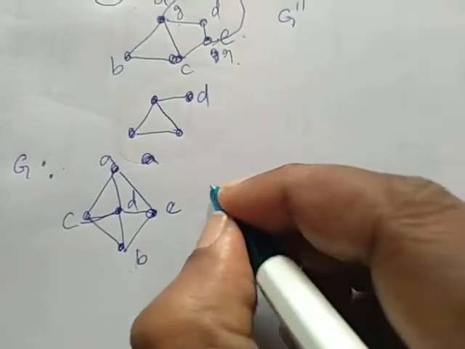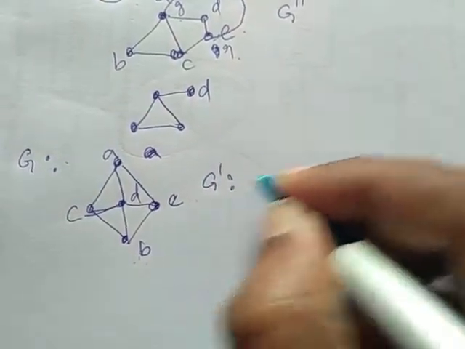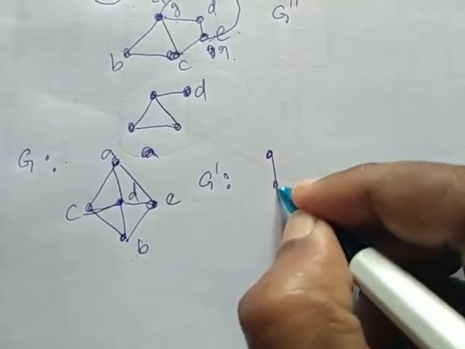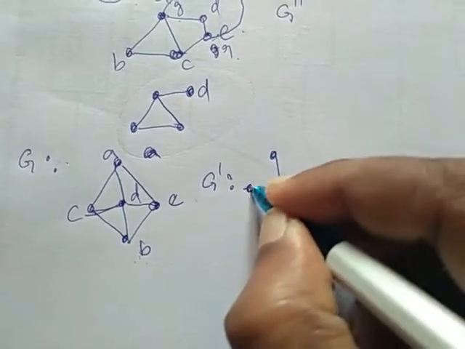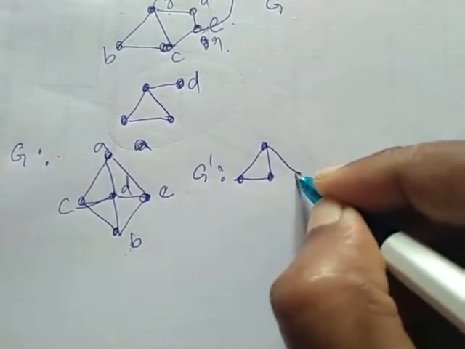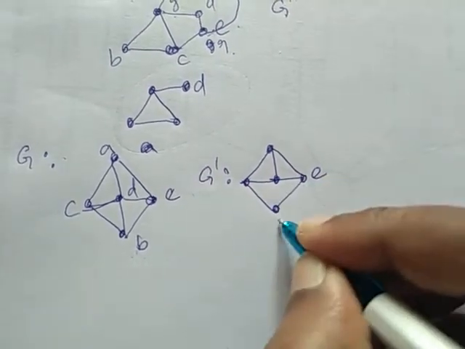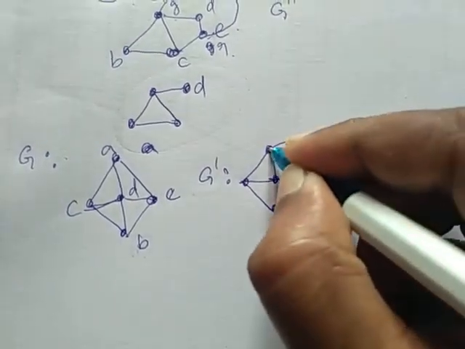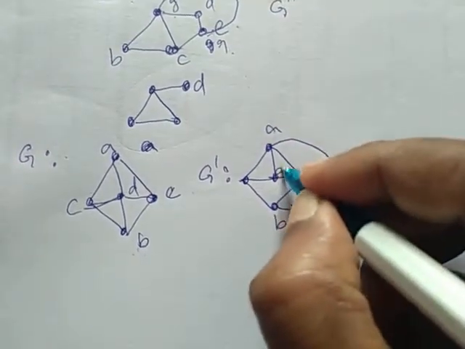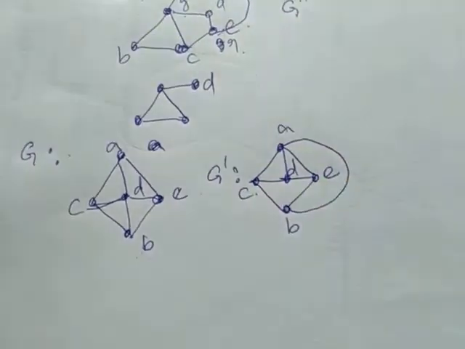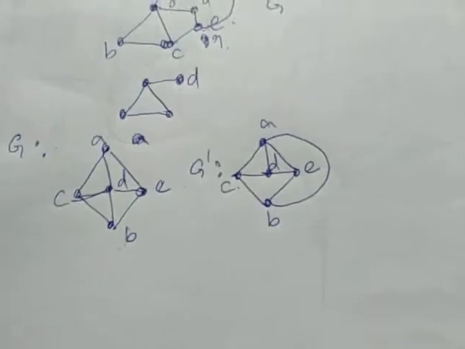Now what is our G dash? A and B should be adjacent to each other by adding an edge. I will add an edge between A and B. This is our G dash.